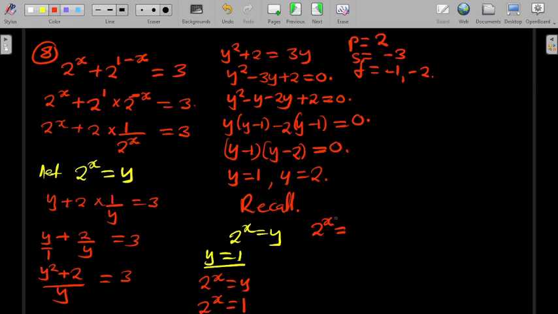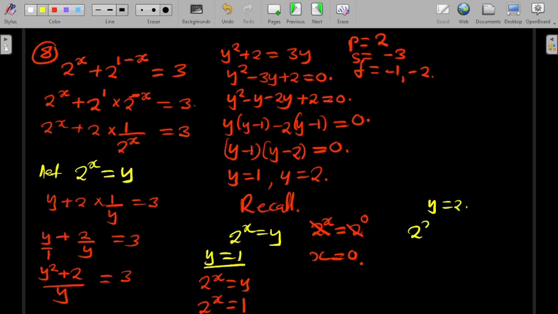Remember we are trying to make the bases the same. So 1 can be written as 2 to the power 0. The bases are the same, cancel them, set the powers. We have x equal to 0 as one value of x. And also remember the other value of y, which is equal to 2.